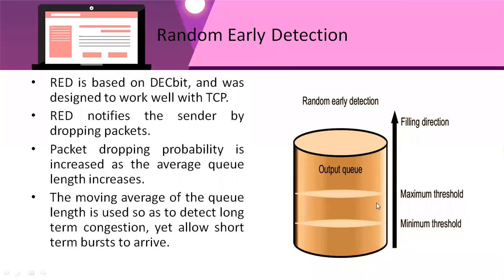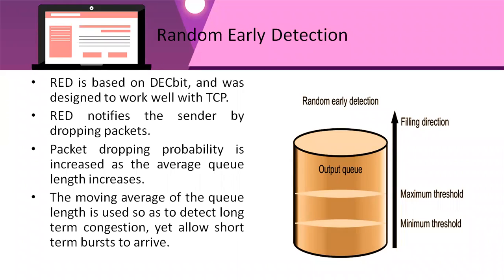Consider this diagram, which shows the random early detection technique. RED uses a packet drop profile to handle packet discarding. This profile defines a set of dropping probabilities according to the level of queue occupancy, with a minimum and a maximum threshold.